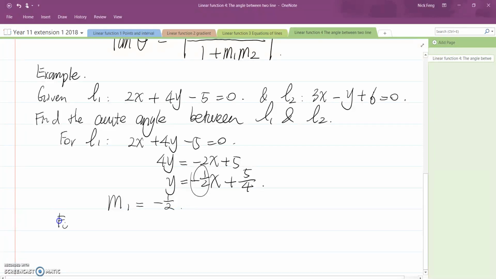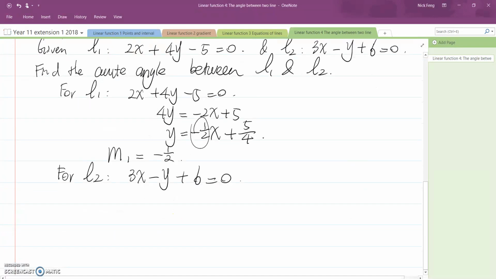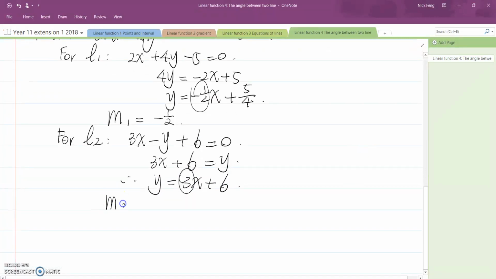Now for the second line L2, 3x minus y plus 6 equals 0. Now it's better to just move y to the other side. 3x plus 6 equals y. Therefore, y equals 3x plus 6. And here, this is our second gradient. The gradient of the second line is 3.